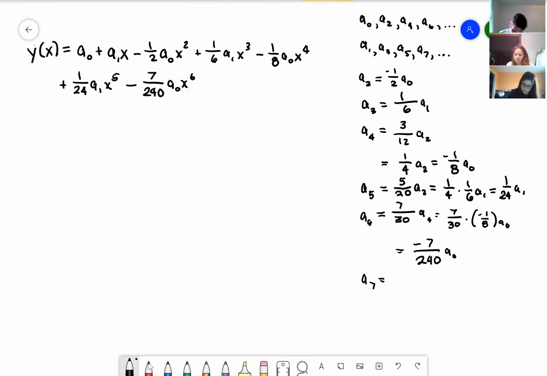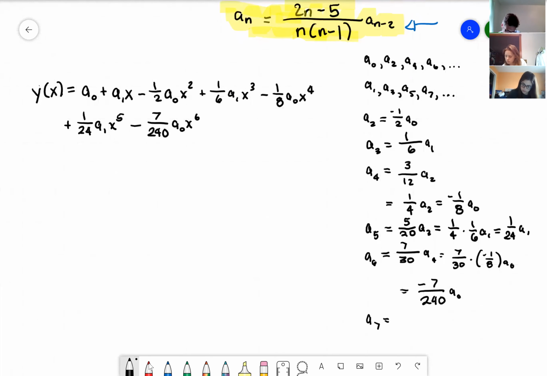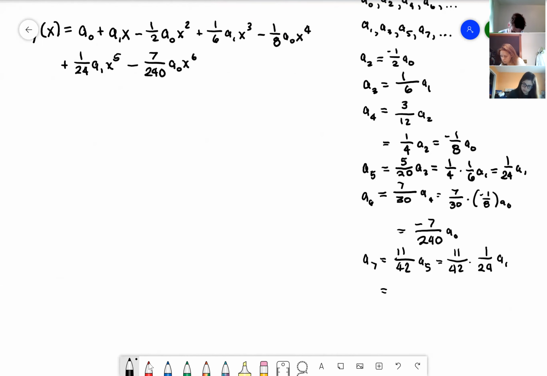a7 is equal to, I lost my recurrence relation, 14 minus 5, sorry, 11 over 42 times a5. And so that's 11 over 42 times 1 over 24 a1. And can I work this out? I can scroll my recurrence relation off because I'm done with it. So what's 42 times 24?